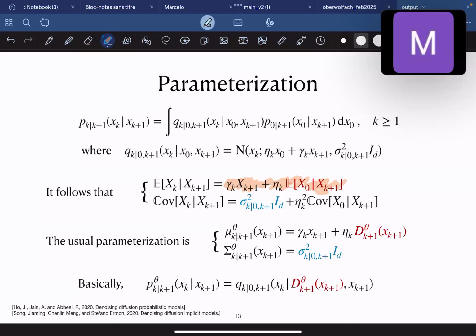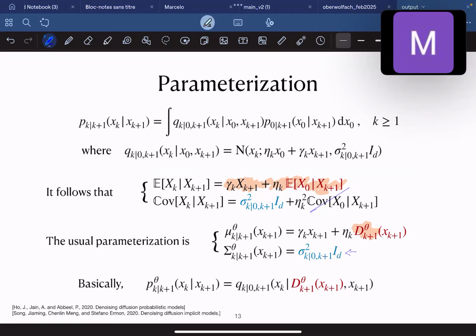I'm parameterizing the mean as gamma k xk plus 1 plus eta k d theta k plus 1 of xk plus 1, and here d theta k plus 1 will be a neural network. And for the covariance, I just drop the covariance of x0 with respect to xk plus 1, and suppose that my approximation of the covariance is the known scalar, which I have access to, times the identity matrix.